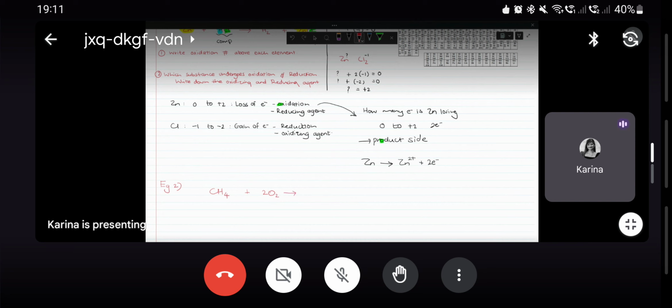And remember as well with these reactions, it doesn't matter whether it's balanced or not. We'll get to the part at the end where we start balancing using the half reactions. But for now, we're not worried if it's balanced or not.